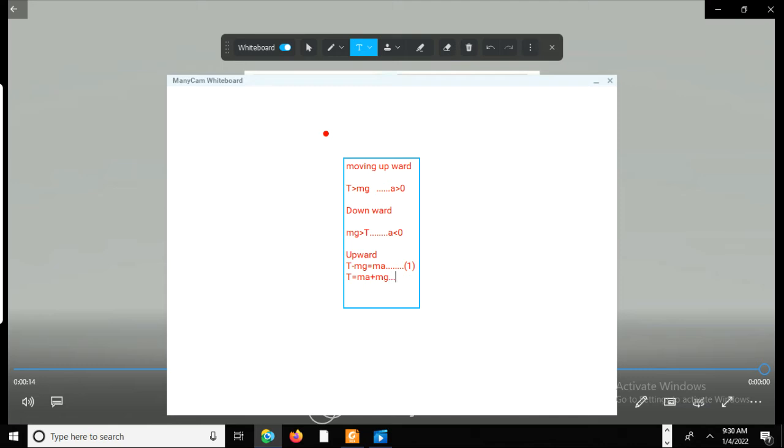Okay, this is 2. So tension can be written as mass times acceleration plus g.